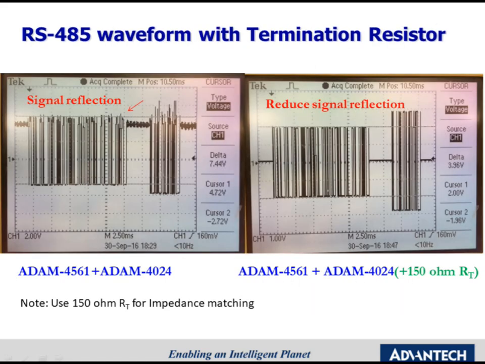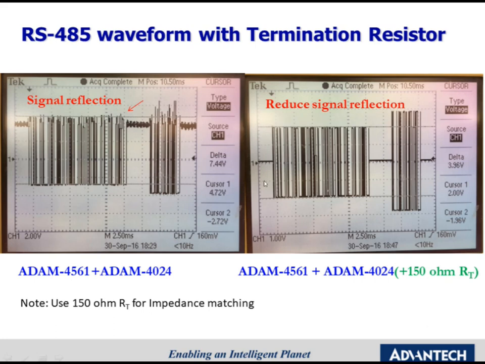Let's see the real RS-485 waveform. We use ADAM 4561 to connect ADAM 4024 and see what's the difference for the module with or without the resistor. As you can see, if there is no termination resistor, the waveform have a lot of noise due to the signal reflections.